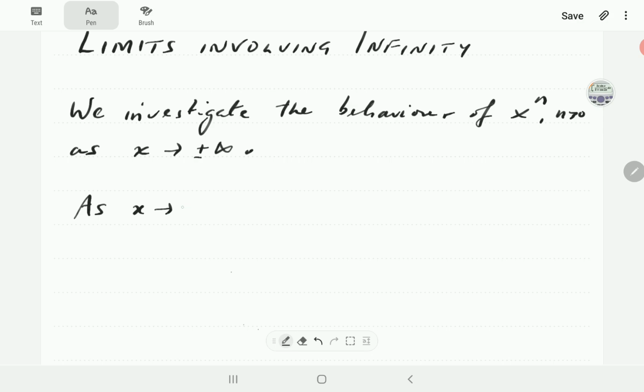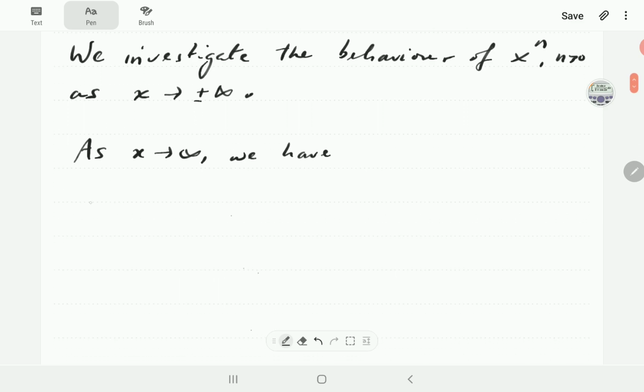We are going to do a numerical analysis here. So we're going to tabulate values. So we're going to look at x.